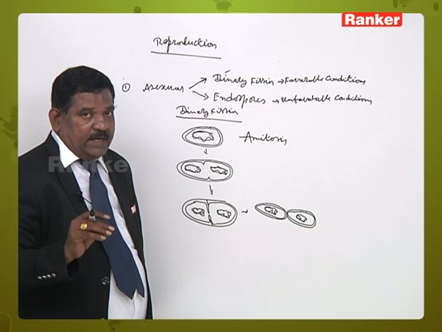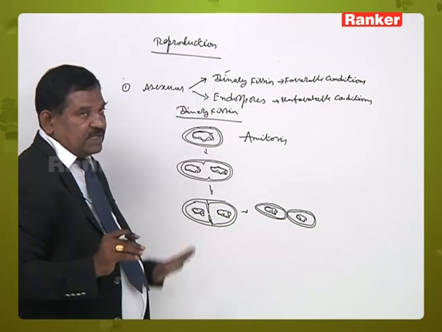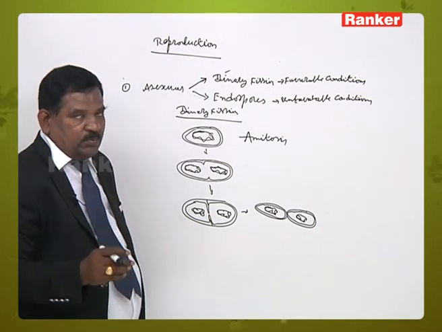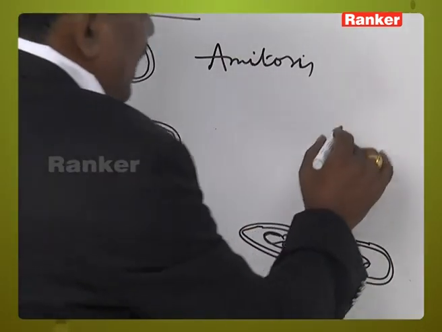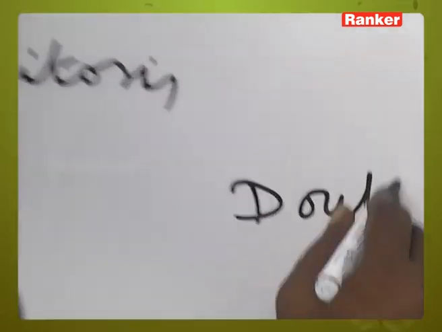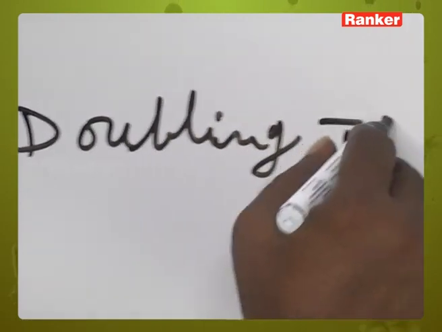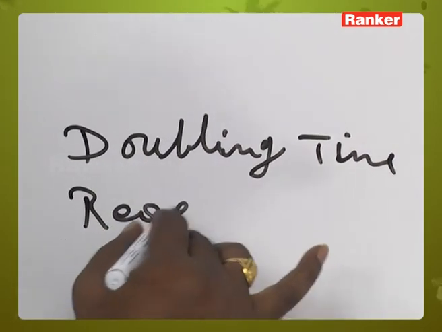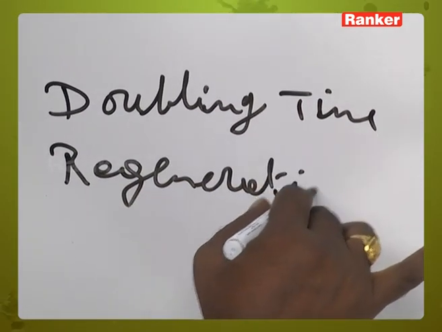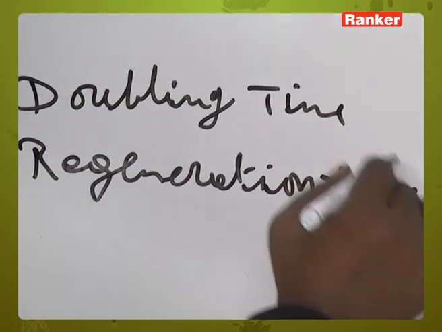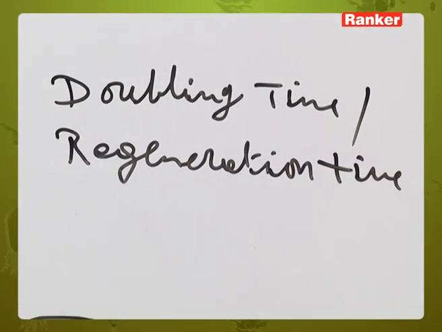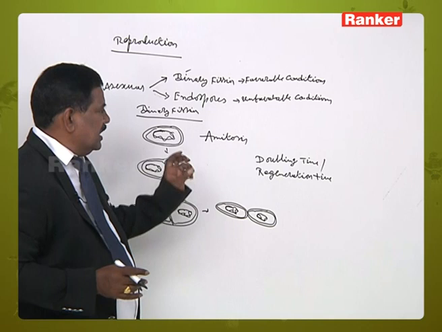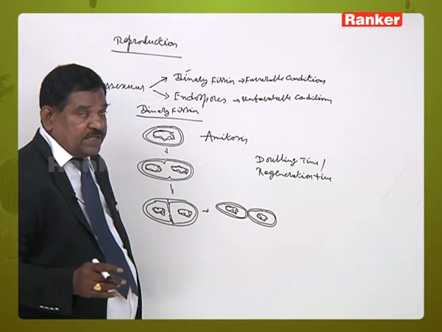The time taken in between 2 successive binary fissions is called doubling time or regeneration time.